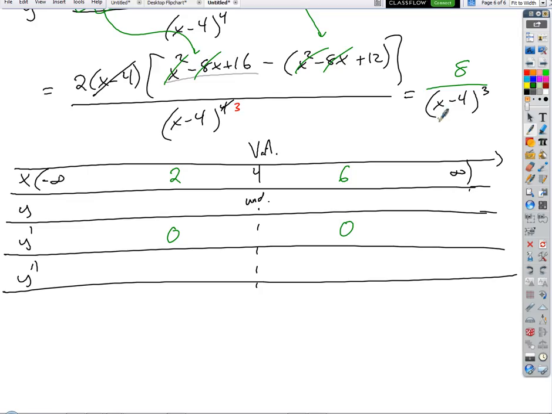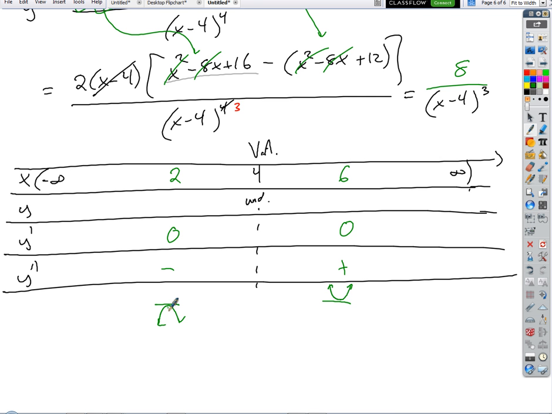Negative. When x is 6? Awesome. Positive. So what's that tell us? So this tells us we have a horizontal tangent and downward concavity. This tells us horizontal tangent and upward concavity, right? So that tells us relative maximum, relative minimum, right?